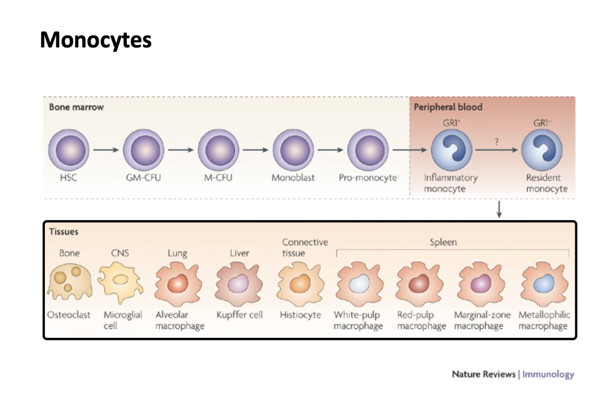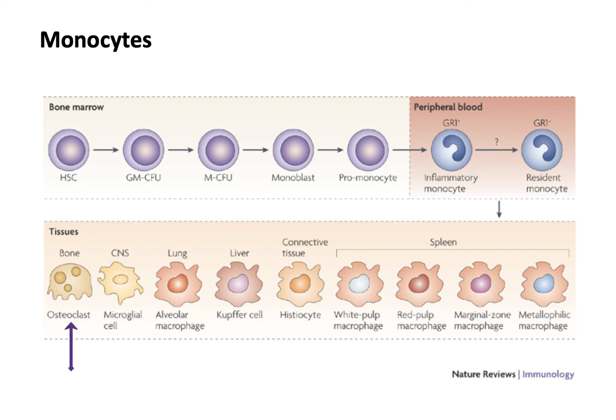In different tissues then, these can differentiate into other types of cells, still things that can phagocytize invading organisms, especially viruses and bacteria.